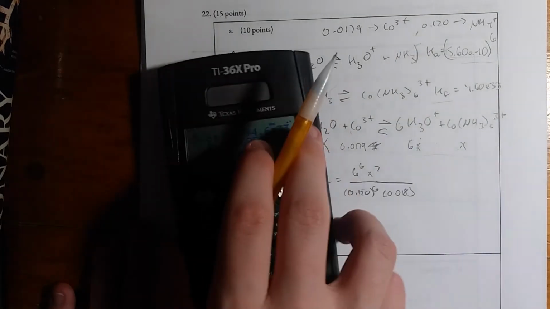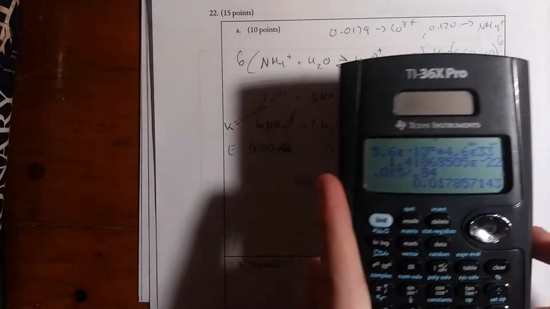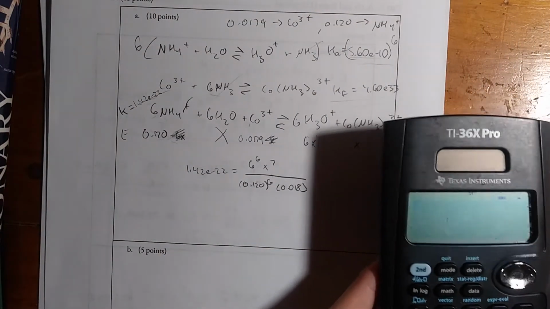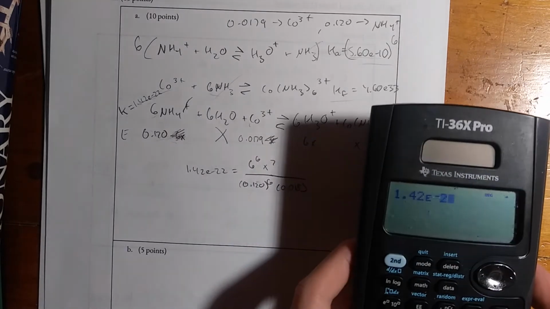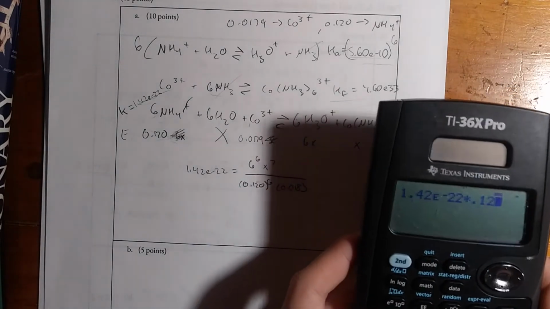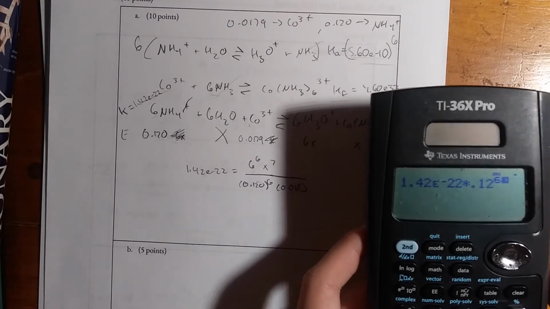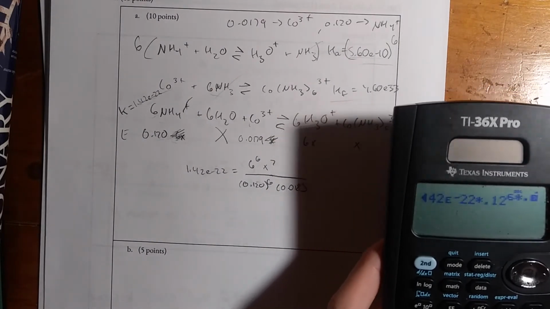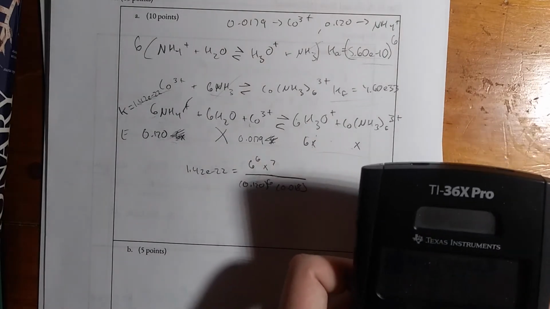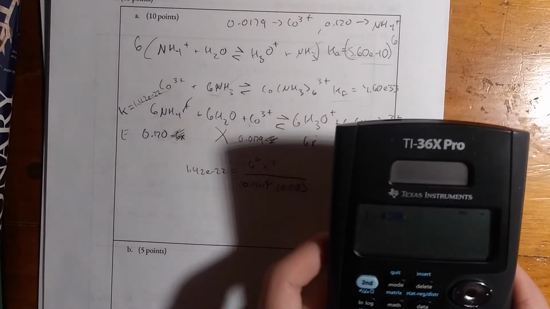Okay, I'm just gonna do this algebra in my head because it's not terribly difficult. So I'll move this over here. So it'll be 1.42 e negative 22 times 0.12 to the 6th. Okay, times 0.018. Oh no, that's not right. Dang it. Okay, I gotta restart.